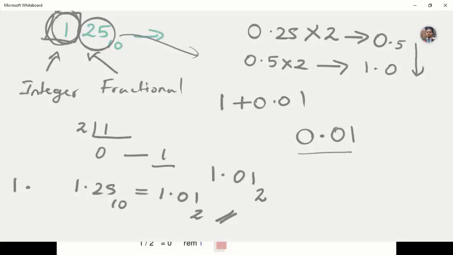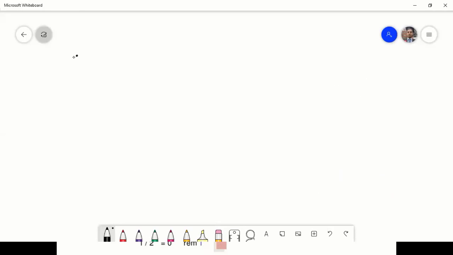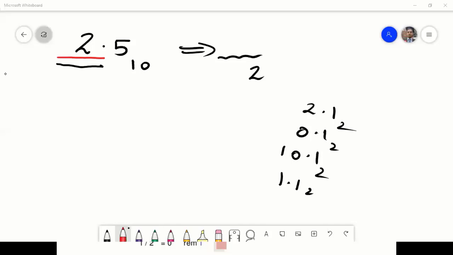Now a quick exercise, can you do this please? 2.5 base 10. Now you want to convert this to binary. Integer part first. So 2 divided by 2, we get 1. The remainder is 0. Now again 1 is there.